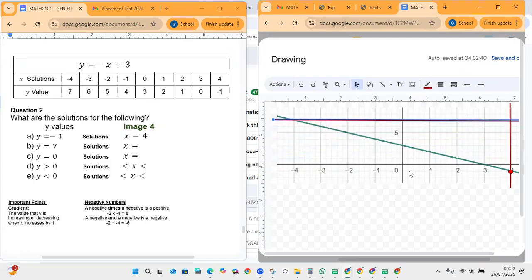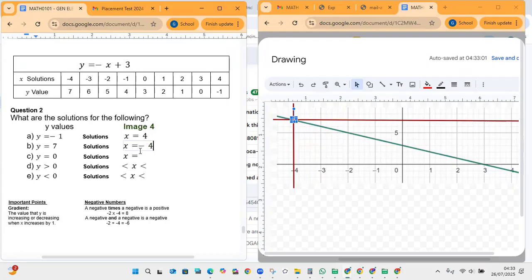And what about the solution for x? We have to reserve the word solution for x and value for y. The solution x is -4, it appears to be, when the value of y is equal to 7. And you can actually prove that in the table of ordered pairs. When the value of y is 7, the x solution is -4.